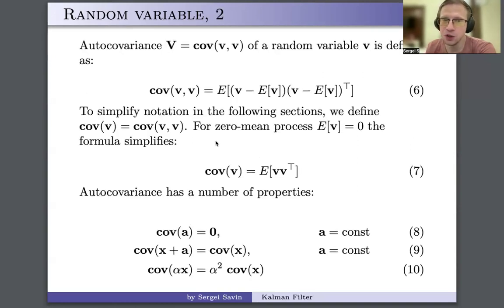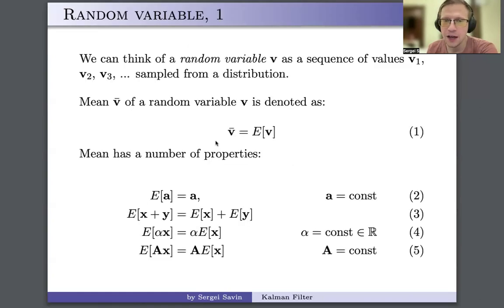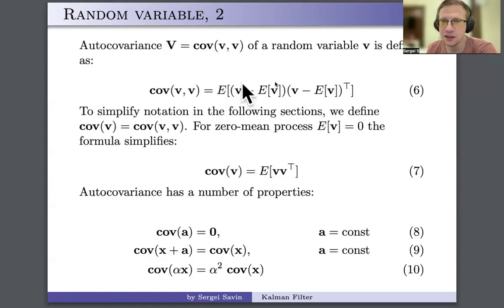But my recommendation would be to just accept that it is this. Autocovariance is just this. This is how it is defined, and we need it for practical tasks. That is just my recommendation for how to think about a mathematical object.